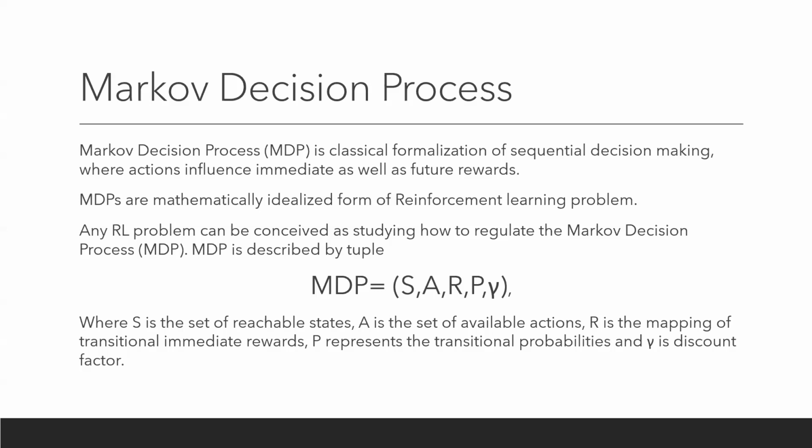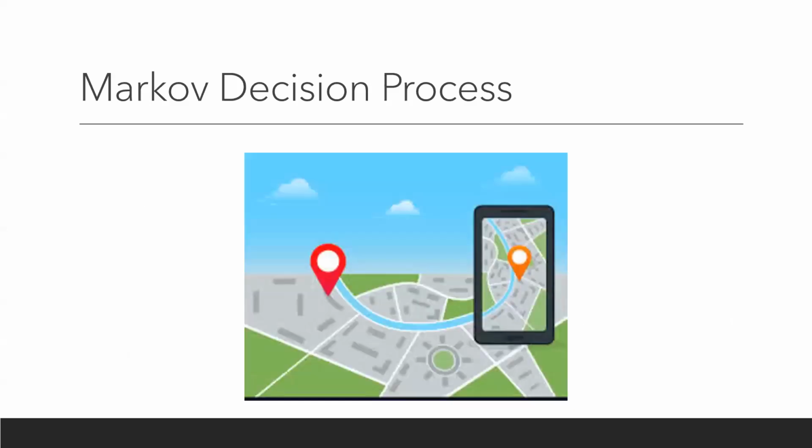Now I'd like to restate and explain what the Markovian state is. As it says, it does not depend on all the previous states or the previous history. We just depend on the current state for the next state.